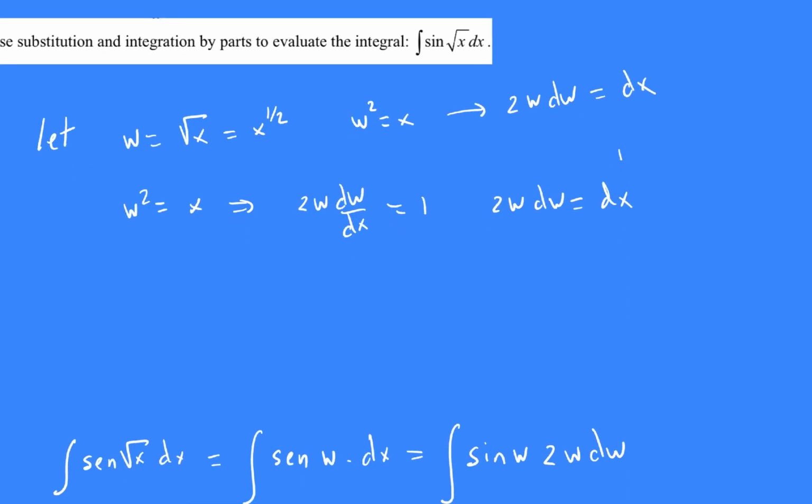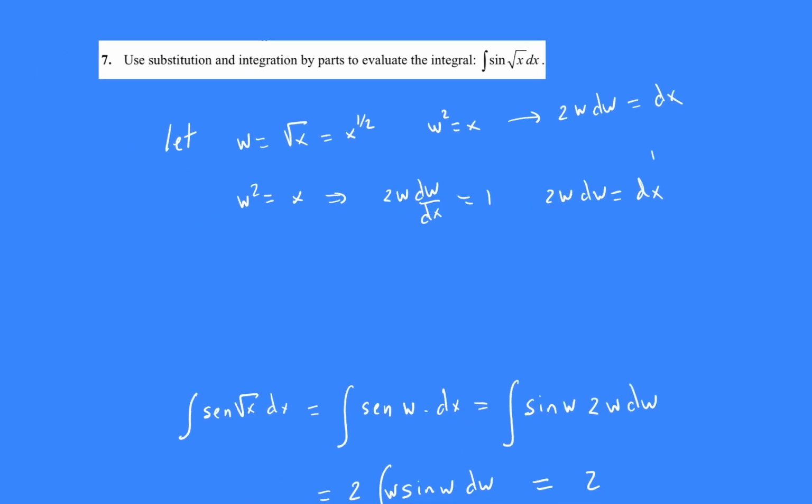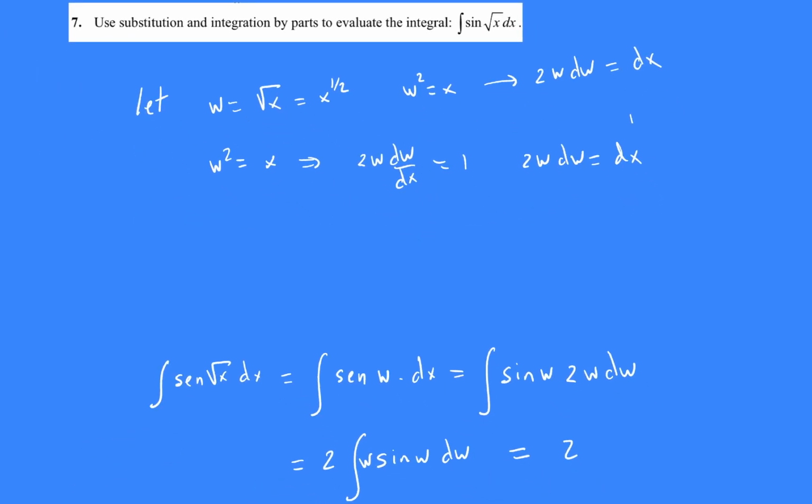Use substitution and integration by parts to solve the integral of sine of the square root of x dx. The first thing that we do is use substitution to write omega equal to the square root of x.